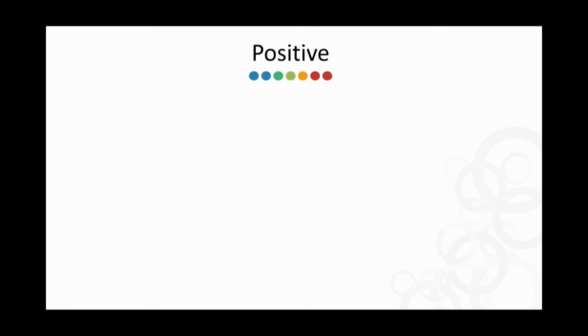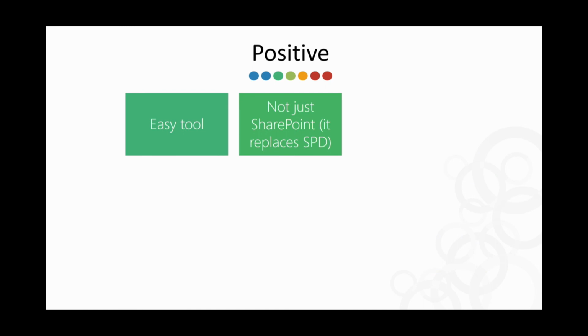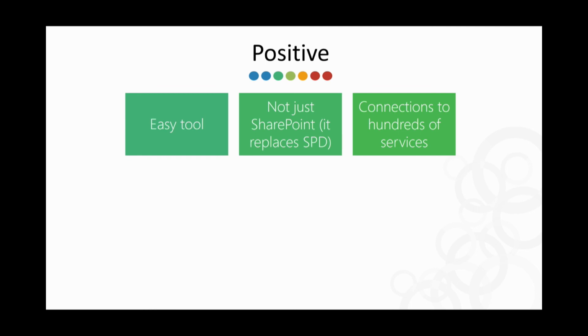The good things, positive things, is that the tool is quite easy. It's not just SharePoint, it's many other hosts, many other containers. You can use it with Dynamics, SharePoint, whatever. It replaced SharePoint Designer workflows officially. You have connection to hundreds of services, 250 something. So that's a strength.